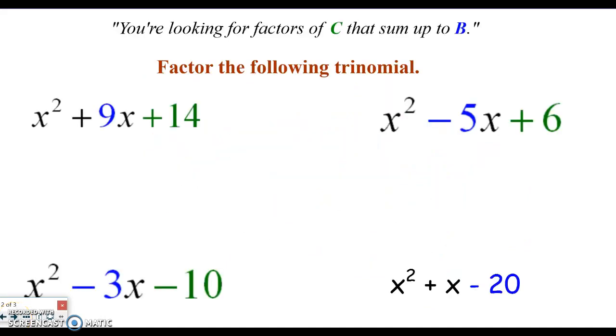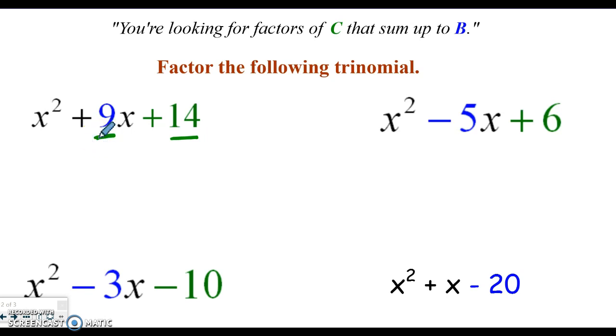So here's some examples. Notice I have the B and the C both highlighted in different colors. Let's take a look at the first one, which is x squared plus 9x plus 14. What I want you to think about, remember, before in the previous page, the numbers multiplied to give me C, so they multiplied to give me 14, and they added to give me 9.